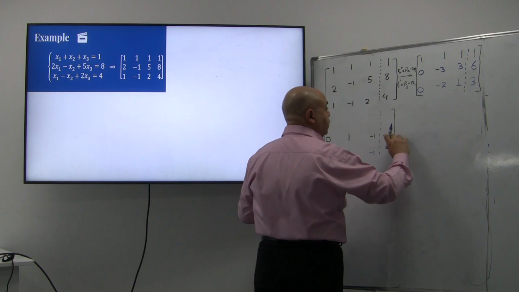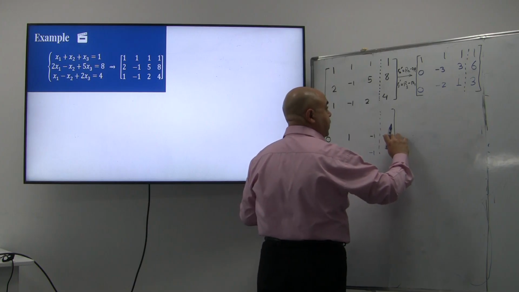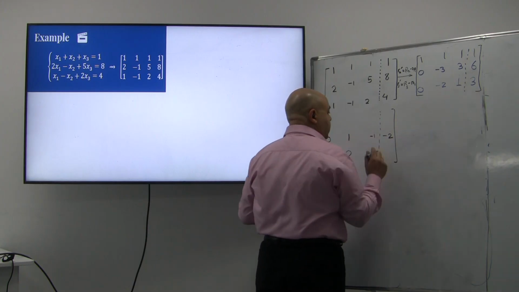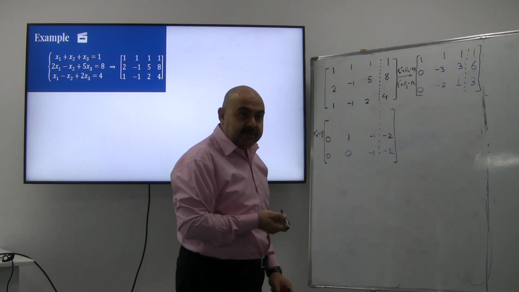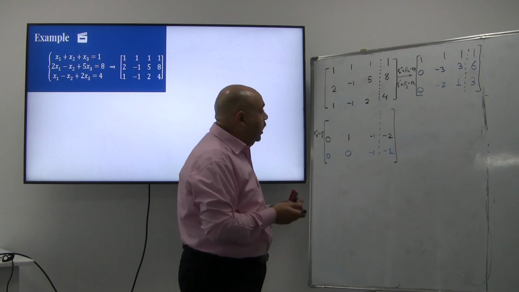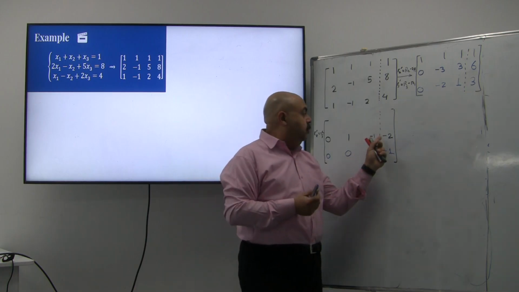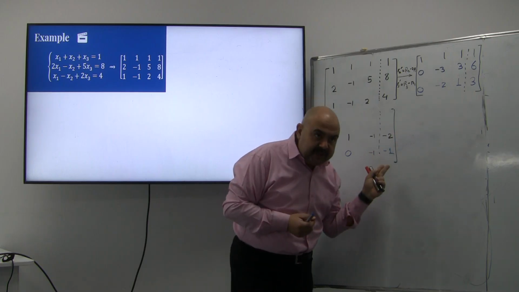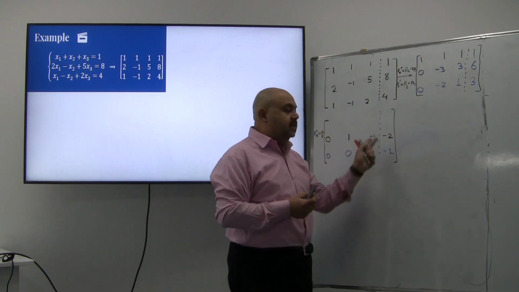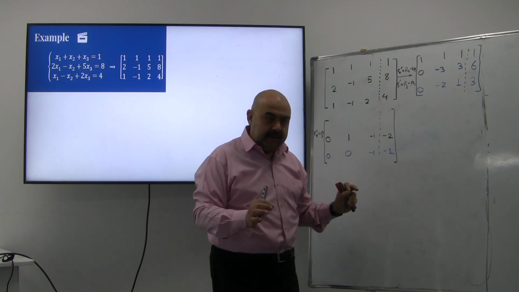Negative 2 times negative 2 is going to be negative 4, negative 4 plus 3 is going to be negative 1. This is the mistake that we made yesterday. Rami, I had a mistake here when adding 4 to 3, I wrote 7 instead of negative. So this corrects the problem exactly.